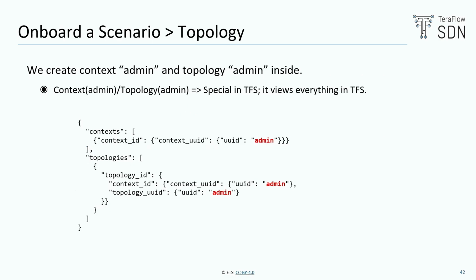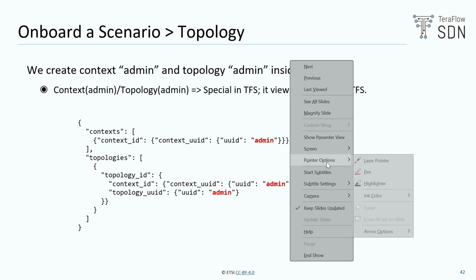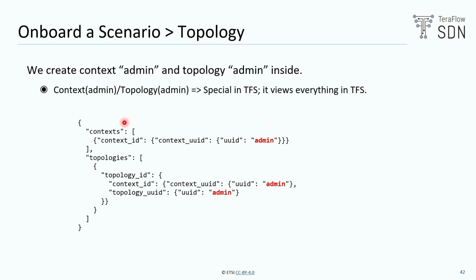So let me explain the structure of the files. Let me activate the pointer. The structure of the files is like this. In this case, it's for the context and topologies. A context gives you, as the name states, a context for a scenario, and topologies are specific views of the topology within a context.